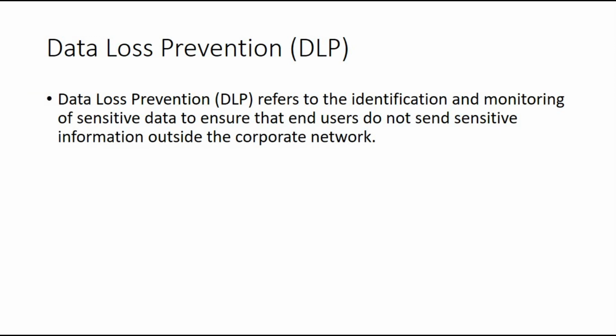So DLP, basically, let's say you are working in an organization and you are on a notice period, right? They will monitor what you are doing, whether you are sending any data outside of the organization or not. So that is the role of DLP, and it is very important. It should be in every company. DLP monitoring is a must.